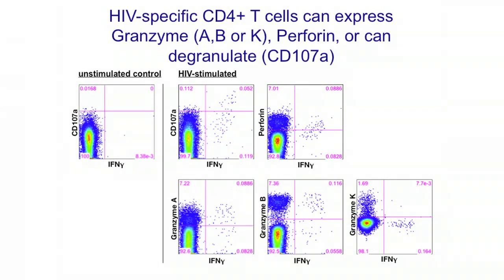But what we also noticed is that those responses in HIV controllers are not only interferon gamma secretors, but showed the ability to degranulate. Now, what does it mean to degranulate? Let's go to the CD8 cells. When a CD8 T cell is trying to kill a virally infected cell, it brings out the effector molecules that are kept in a vesicle.